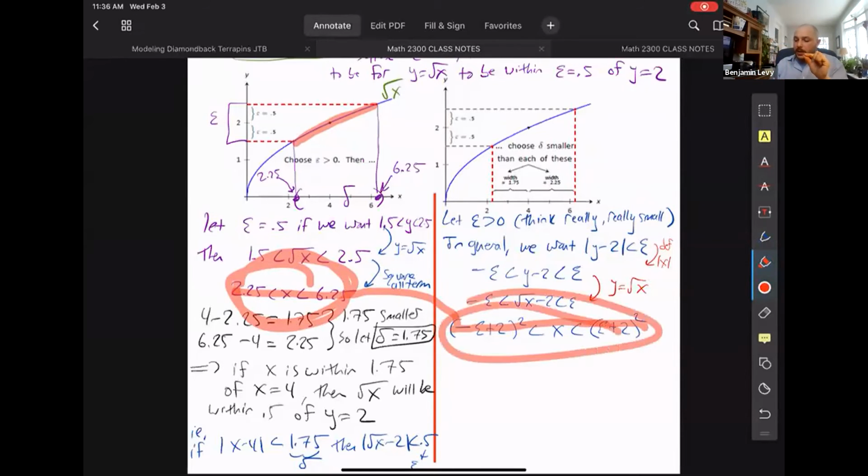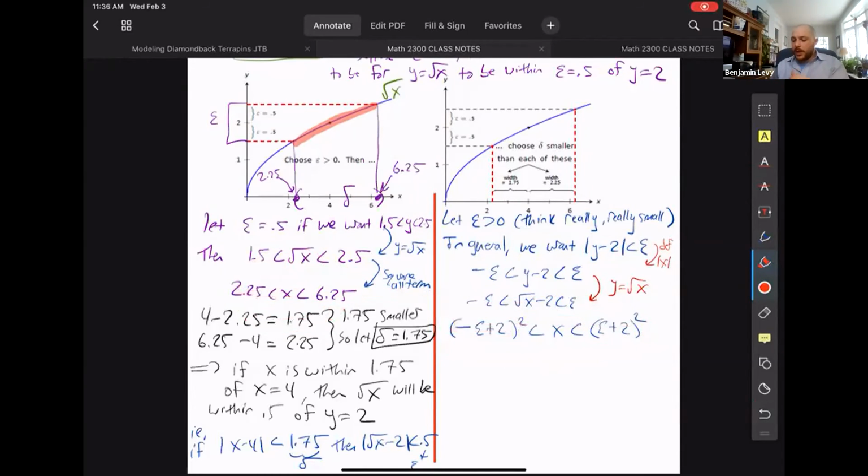On the right, it's in terms of epsilon. So when you pick an epsilon, it tells you how close you need to be. You see that? So pick an epsilon right here and right here, plug it in, add 2, square, and that would tell you the interval around x that you need to be in order to be that close, right?